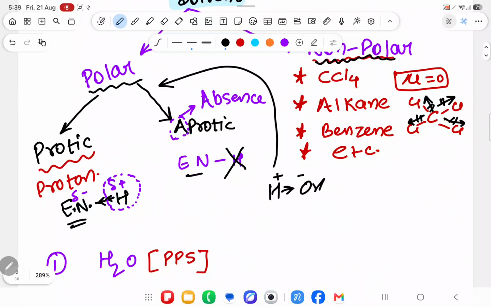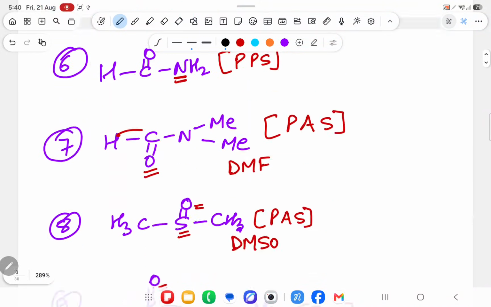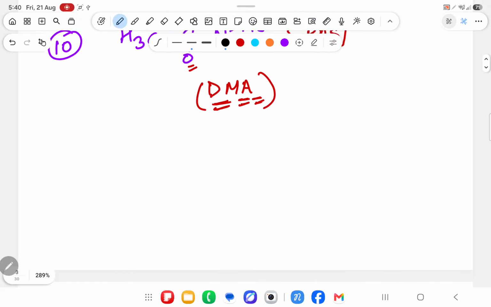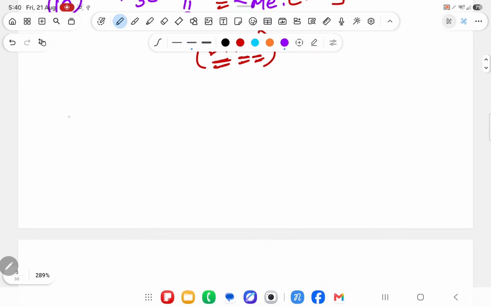Electronegative atom has hydrogen, protic. Electronegative atom does not have hydrogen, aprotic. Like that, I have written 10 examples, and you understood what is polar protic solvent and what is polar aprotic solvent. After that, we have to study another topic, called nucleophilicity.